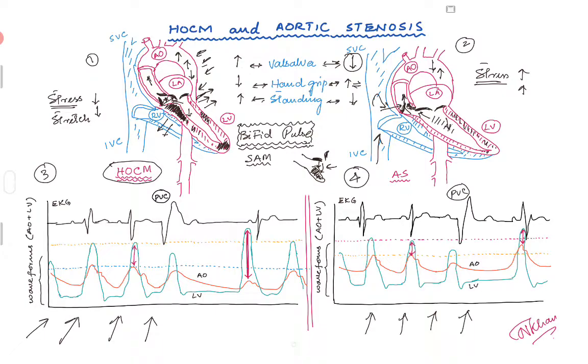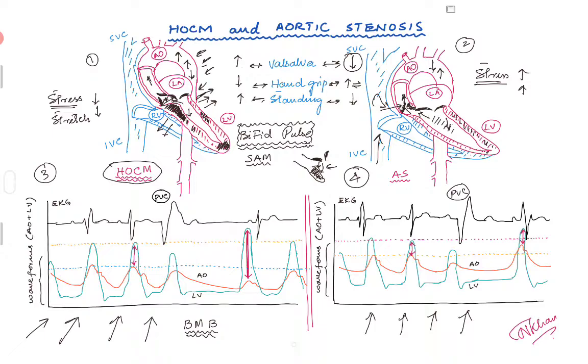The fancy name for that is the Brockenbrough-Morrow-Braunwald sign. There were 3 doctors, Brockenbrough, Morrow, and Braunwald, who described this phenomenon. It's not something new. It was done in the Cath lab maybe 3 or 4 decades ago, and you can find it in a very old New England Journal article where they described the Brockenbrough-Morrow-Braunwald sign.